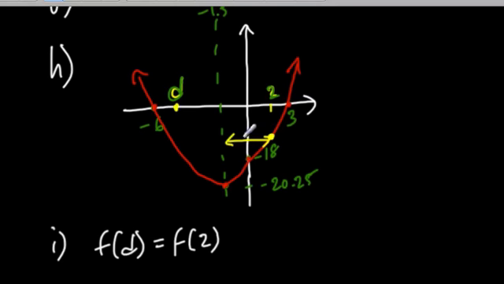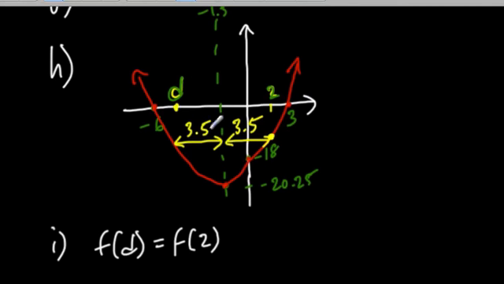If it's an axis of symmetry, the distance from here to here should be the same as the distance from here to here, because it's symmetrical. If it's an axis of symmetry, then the distance to one end should be the same distance to the other end. So what is the distance from negative 1.5 to 2? From 0 to 2 it's 2, from 0 to negative 1.5 it's 1.5, so the total distance must be 3.5. So the distance from here to here must also be 3.5.